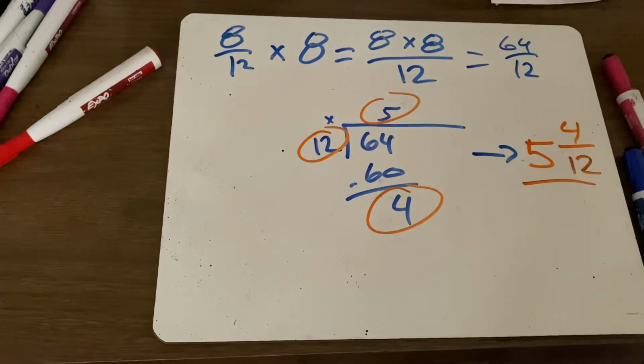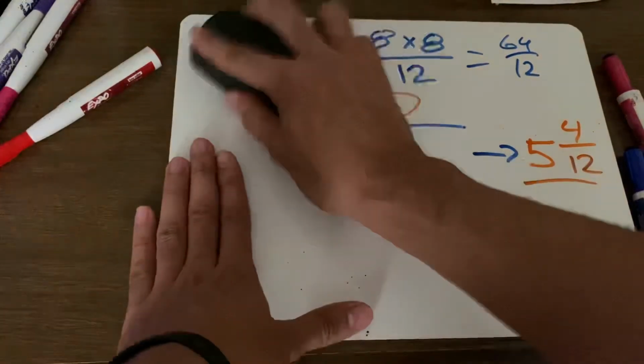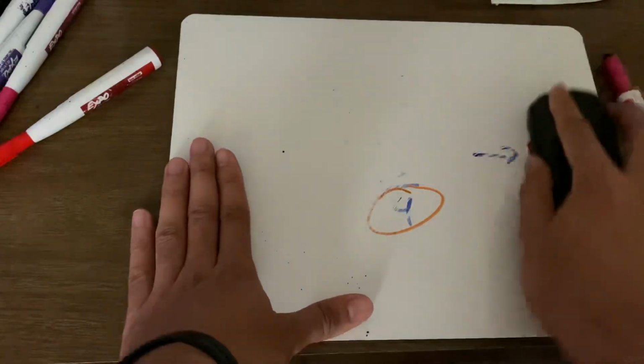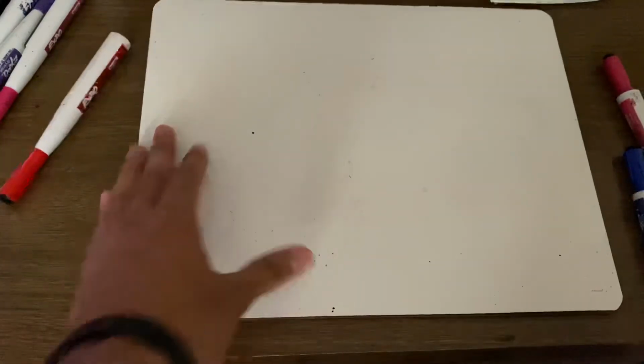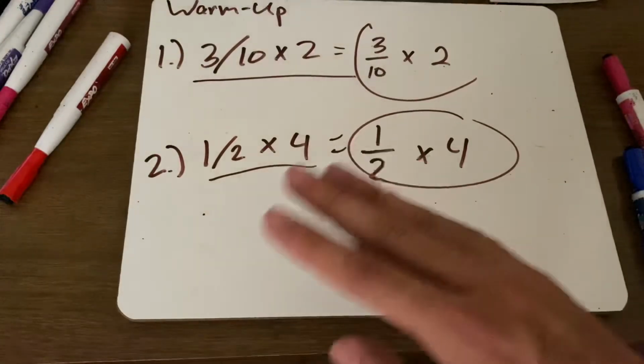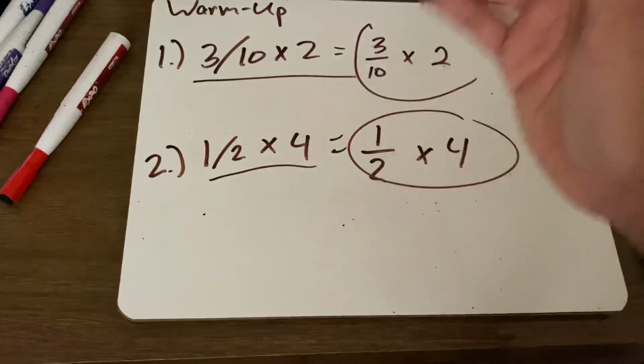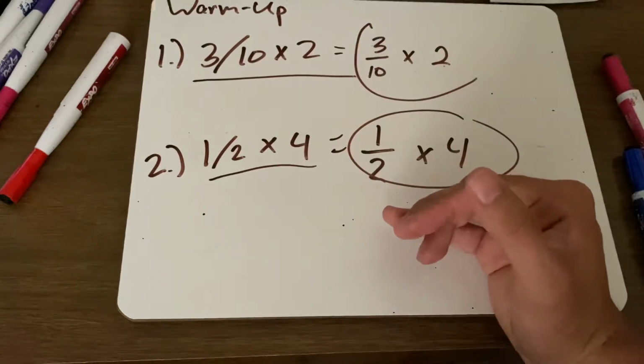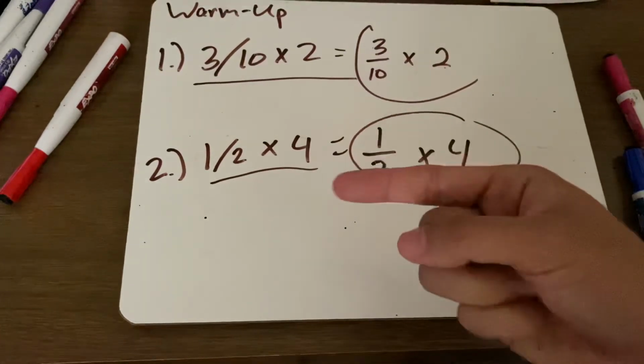Okay? And that's it. So again, I don't want to move on with our math because I want to make sure that we fully understand multiplication of fractions, okay? So today's video is not going to be long. This is all we're going to do for math. I just wanted to go through a few examples. So now you're going to go ahead and do the test again.